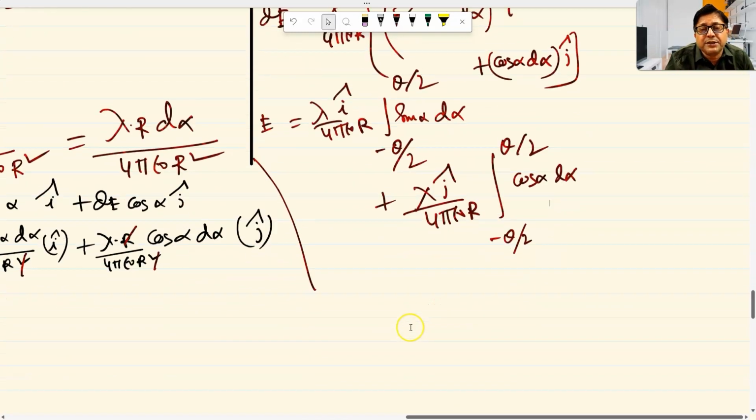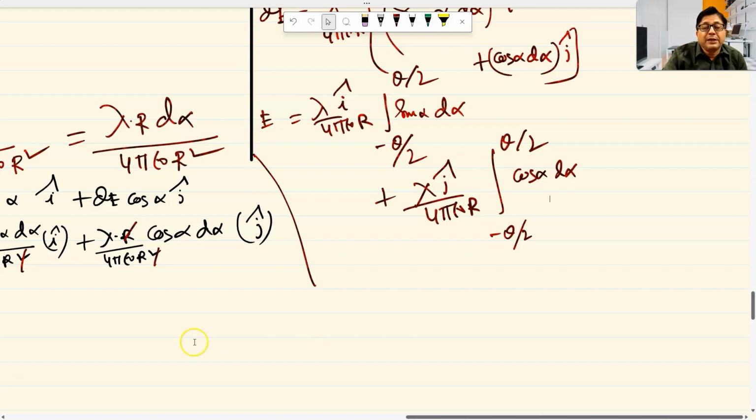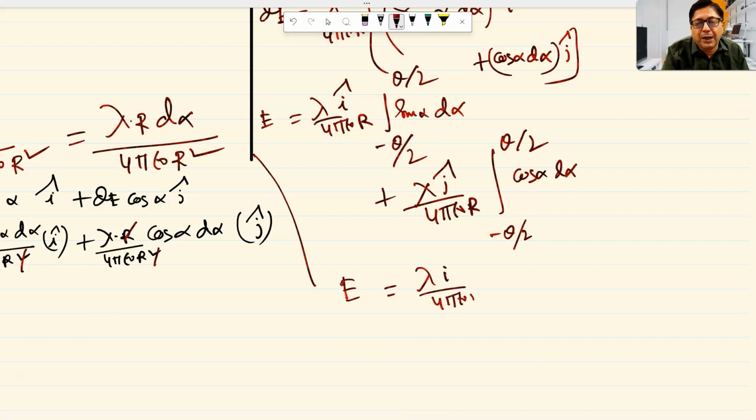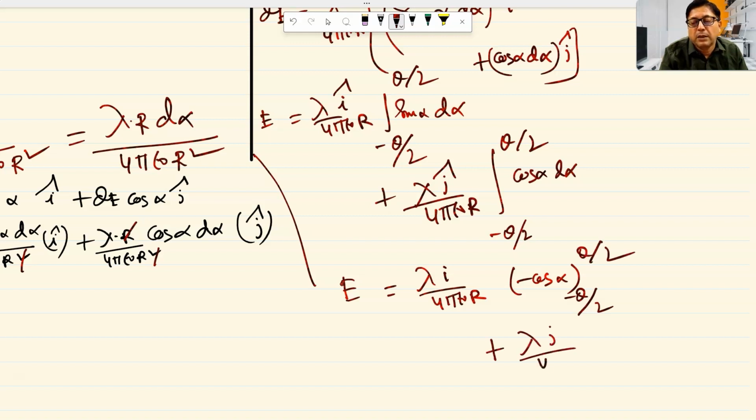Sin alpha integration is what? Tell me, sin alpha integration is minus cos. So E equal to lambda by 4 pi epsilon 0 r, sin alpha integration is minus cos alpha.